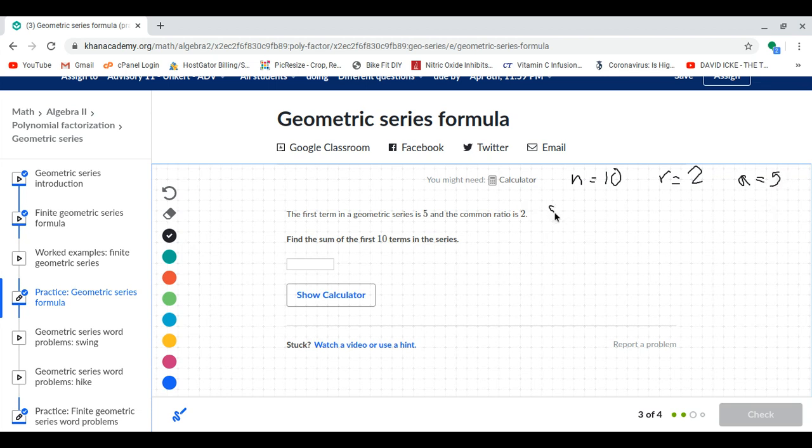So our sum of the first 10 terms equals 5 times 1 minus 2 to the 10th power divided by 1 minus 2.